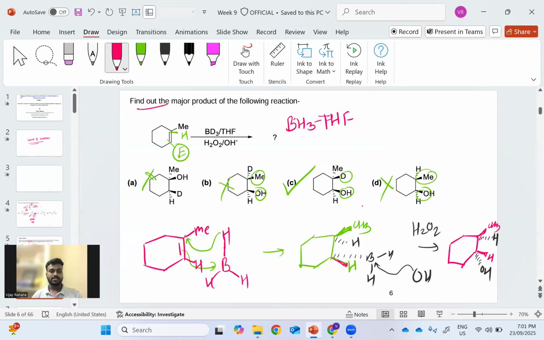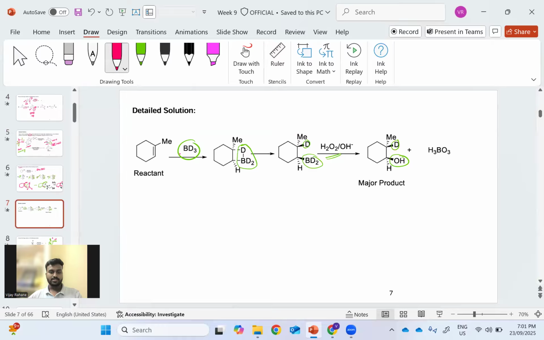Then we have also seen some reduction with BH3·THF. That's again the mechanism where the boron-deuterium bond is added syn to the double bond, and further H2O2 attacks the boron, followed by syn hydroxide transfer from the boron to the carbon, and it gives the product which has the new groups on the syn side.